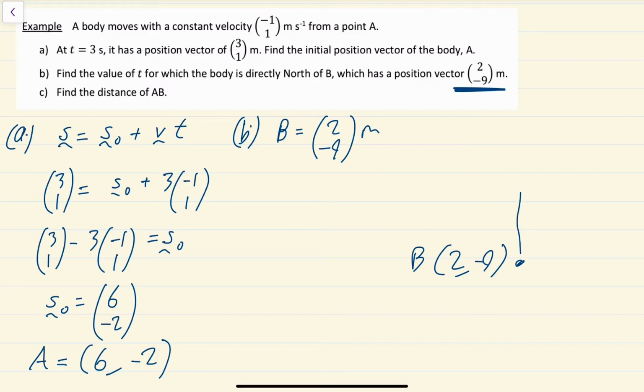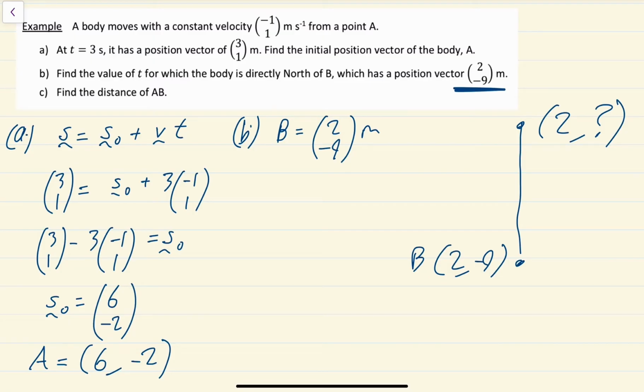Okay, if you're directly north, that means you're on this line somewhere, but your x value is 2, your y value you don't know. But you do know if you're north, your x value is still 2, so that's what we've got. So we're going to write down our formula here.